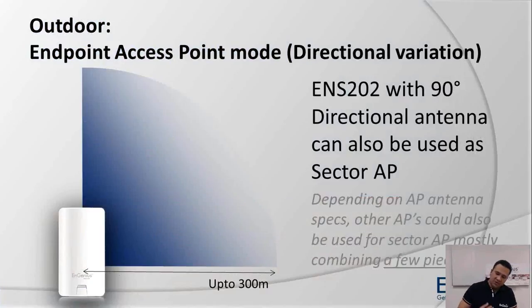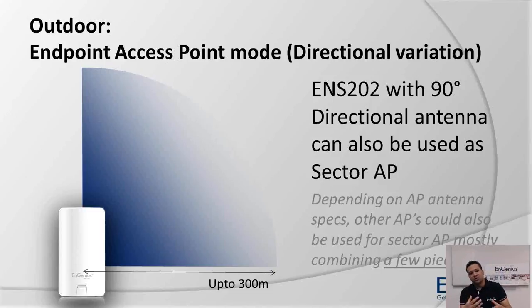Okay, so up till now we have talked about access points with external antennas to have an omnidirectional coverage. But as a variation of this coverage, we can also do another thing.